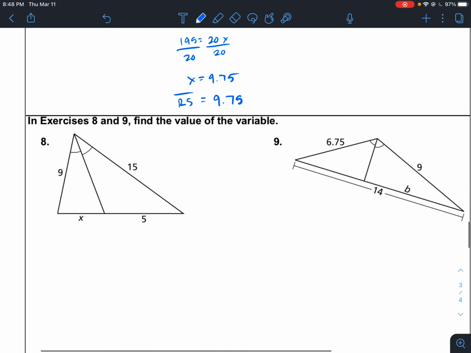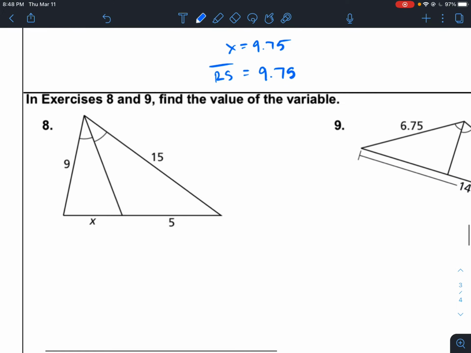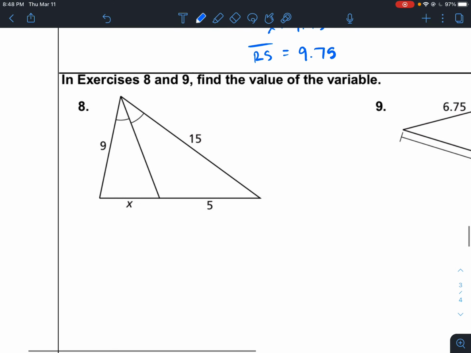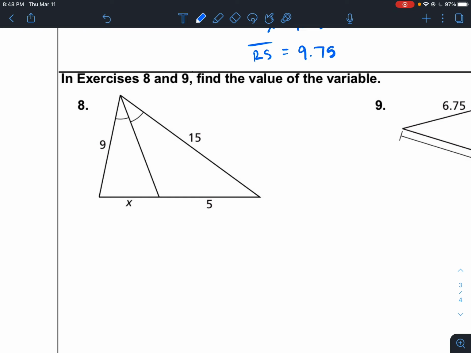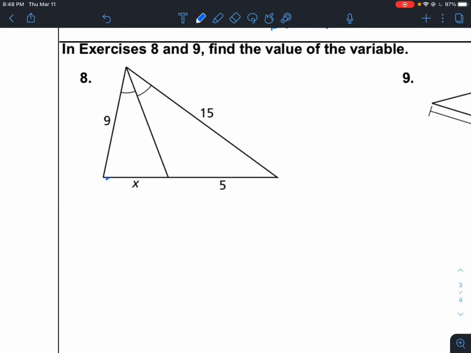So let's come down here to these examples now and see how we can solve these. So find the value of the variable. These are congruent angles, which means this line bisects that angle. So I can say that x over 5 is equal to 9 over 15.